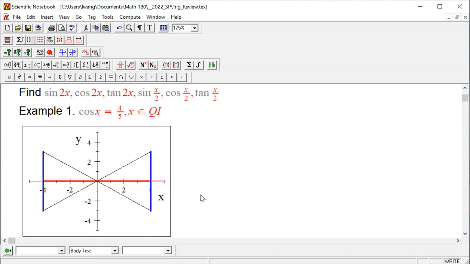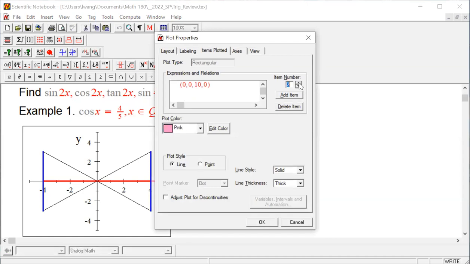We can keep the first one, and the rest we can just delete.